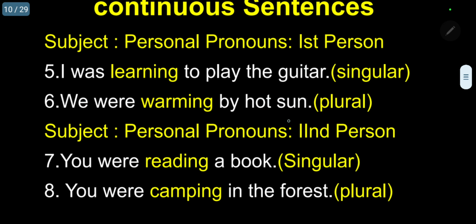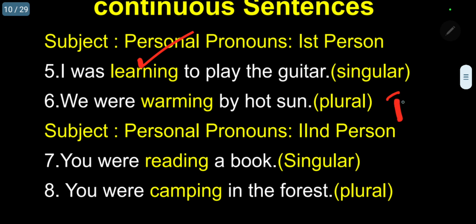Example. Now, let me go for pronouns. In the case of the first person pronoun, singular: I was learning to play guitar. So, I was using. Most important information I am repeating: I is an exceptional case. Even though it's a personal pronoun singular, only in the present tense am will be added as the verb.